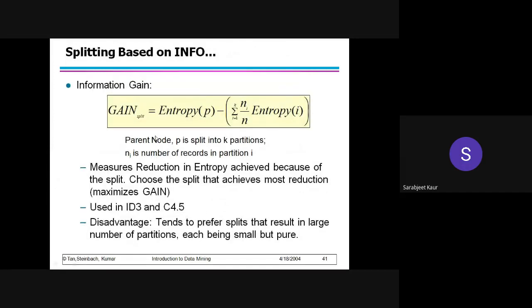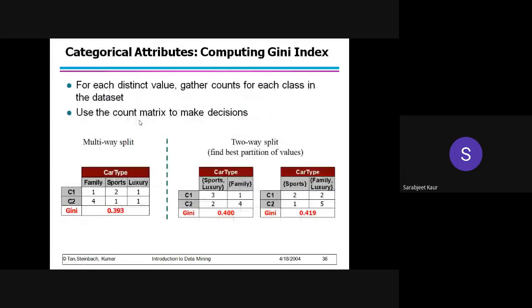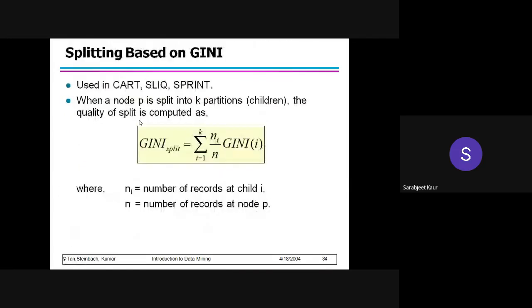Now please see how to compute the information gain based upon entropy. Again, you see that for entropy, the gain on split is computed just like the gain in Gini.